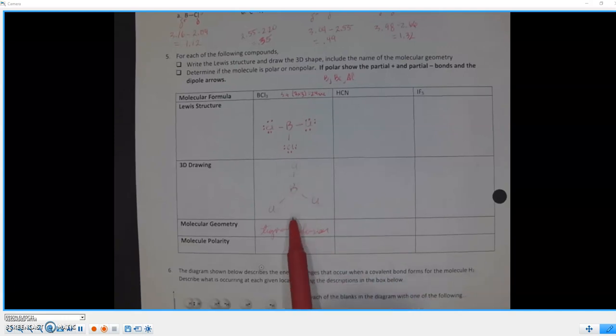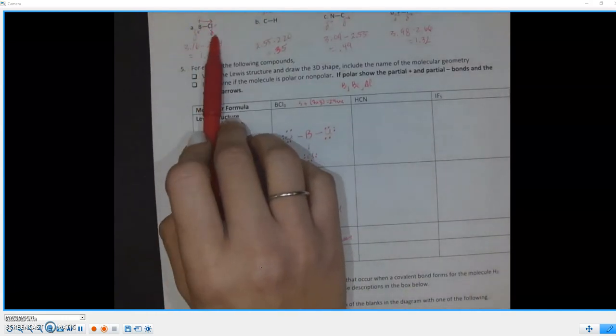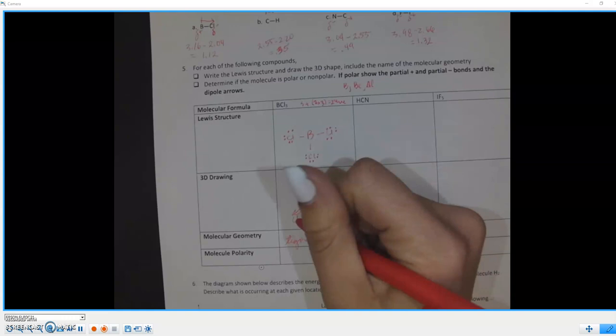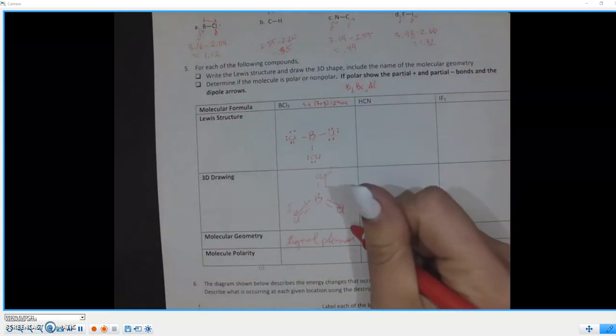Now, we need to decide if the molecule is polar or non-polar. And part of that is the bond. So this is a bond between a boron and a chlorine. Oh, and we figured that out up here. We saw that the bond is polar, and it's pointed towards the chlorines. But is the molecule polar? Notice that we have symmetry here. Every single domain is the same.